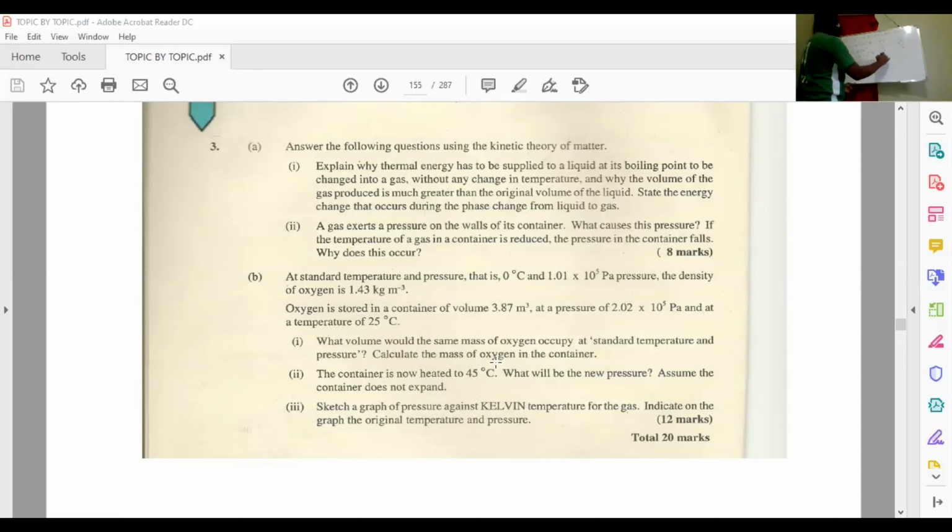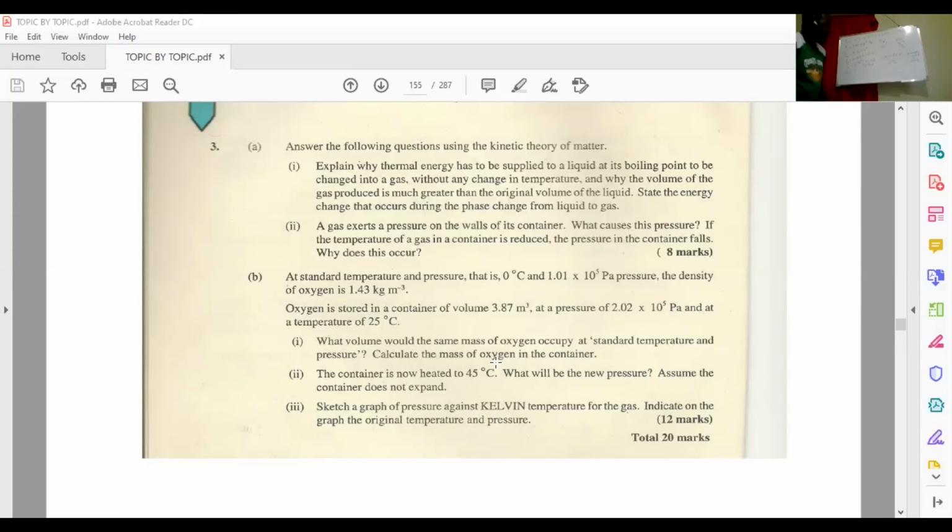So we substitute P1, which is 1.01 times 10 to the 5th, times the volume V1, which is unknown, over T1 in Kelvin, 273, equals P2, 2.02 times 10 to the 5th, times V2, which is 3.87, over T2, which is 298.